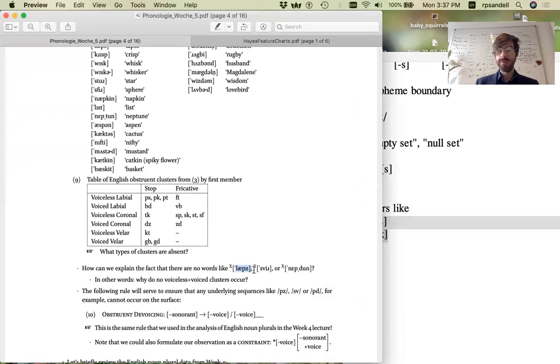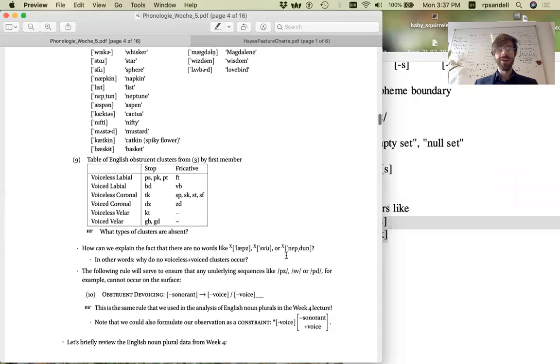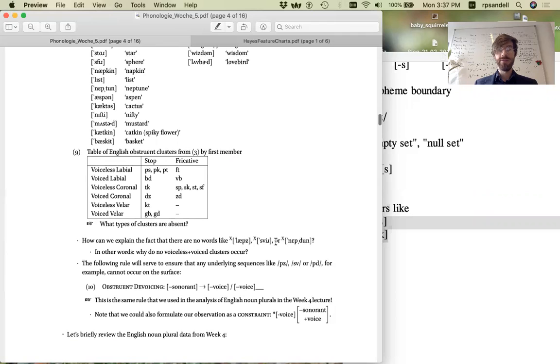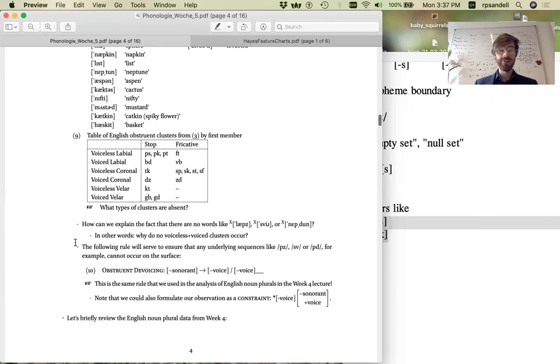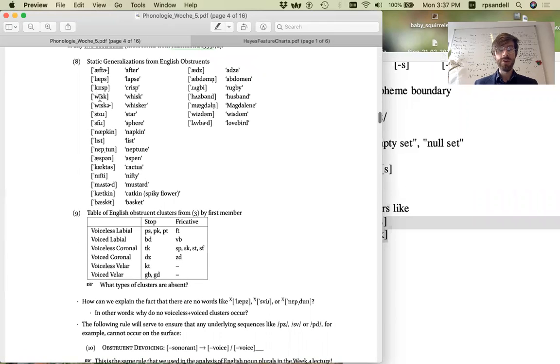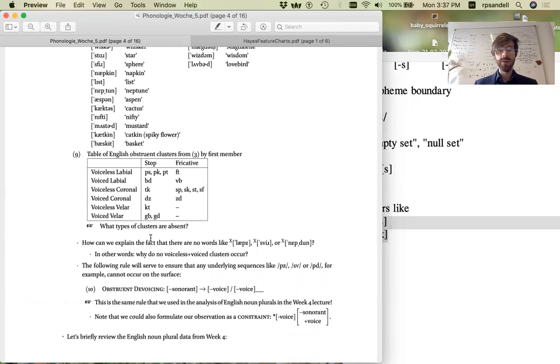So there are no words occurring in English like laps, svir, or Neptune. As you can tell, it's difficult to actually pronounce the words in that way because those would be contrary to the phonological rules of English. So our question when we just look at these monomorphemic words is, well, why do we not find any clusters of obstruents where the sounds have different values for voicing?